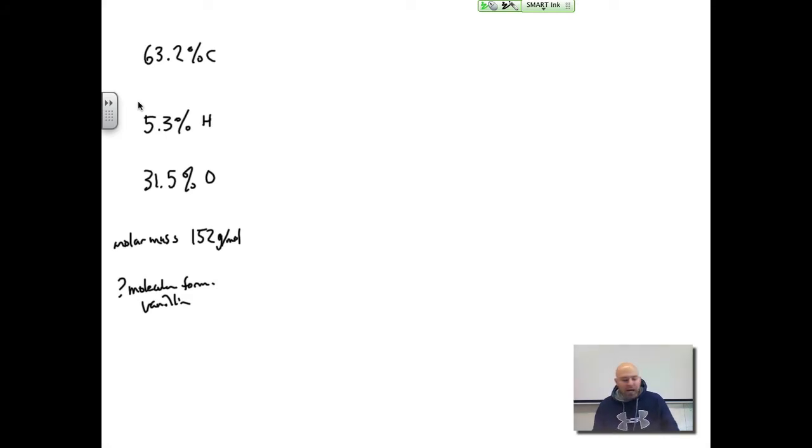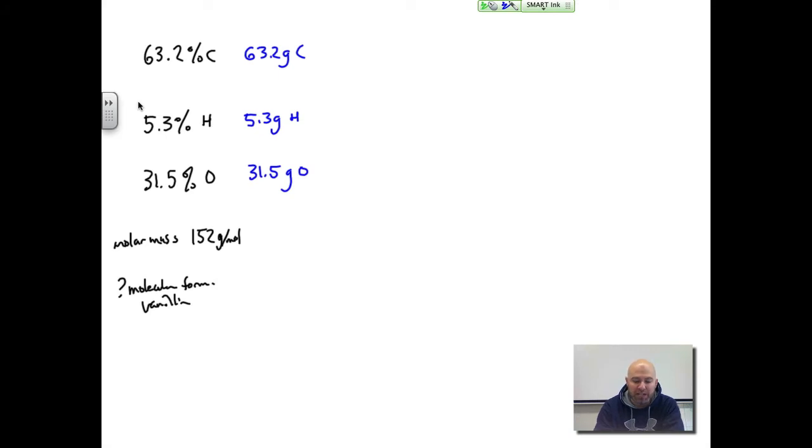I don't have my empirical formula, so I need to solve for it. First step, change those percentages to grams: 63.2 grams carbon, 5.3 grams hydrogen, 31.5 grams oxygen.